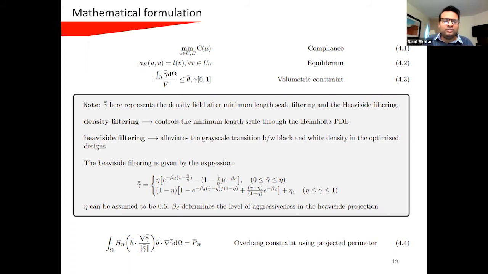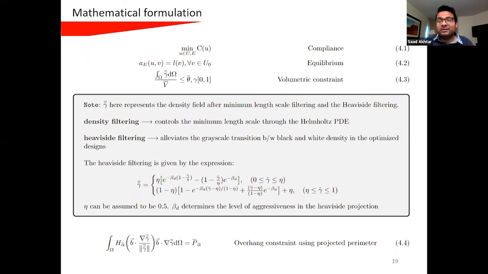And then you also filtered that filtered density using a heaviside filtering. The goal of heaviside filtering is to alleviate the grayscale transition between the black and white densities in the optimized design. Like I said, we make the problem continuous because we want to calculate the gradients.